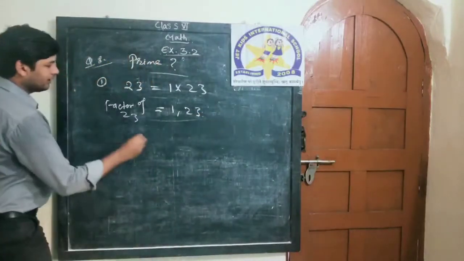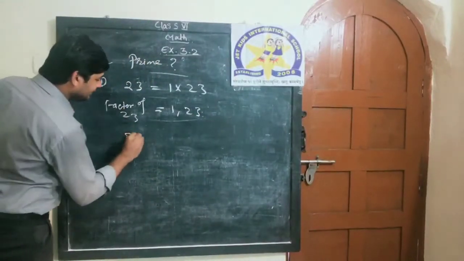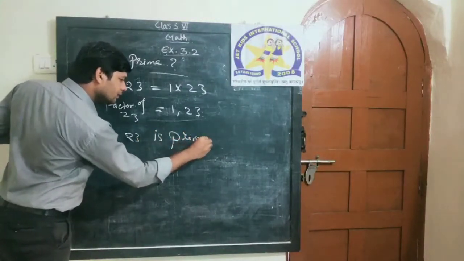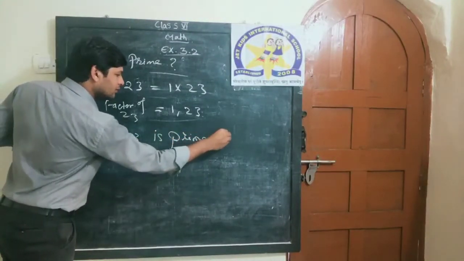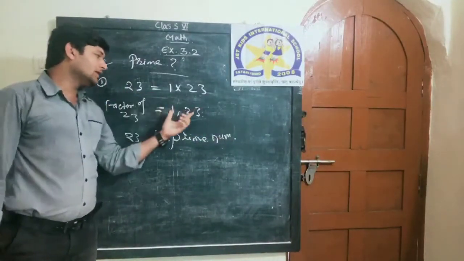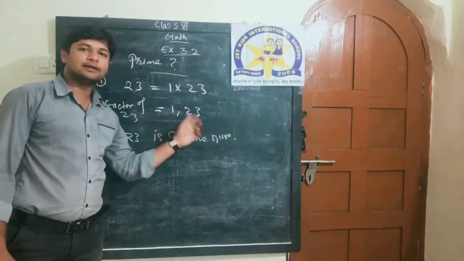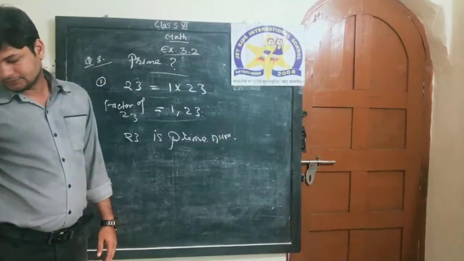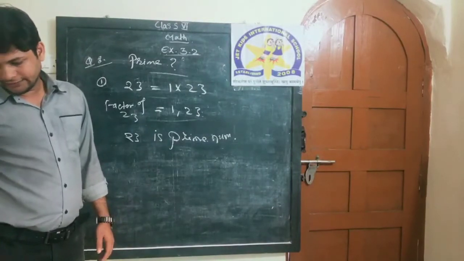That's why 23 is a prime number, because it has only 2 factors, that is 1 and the number itself. Clear? Next one is 51, right?